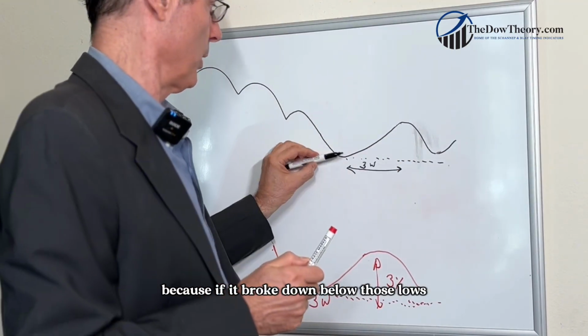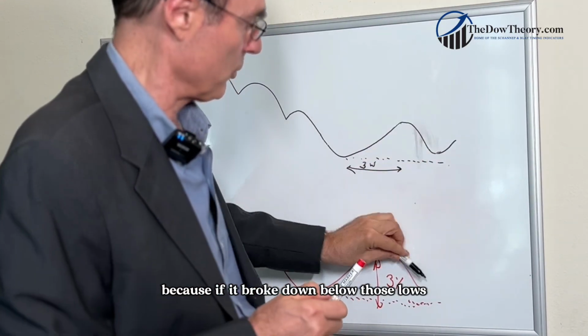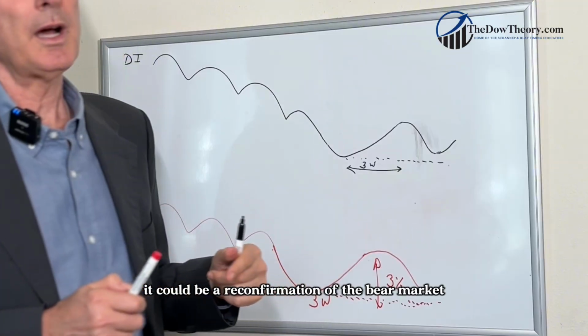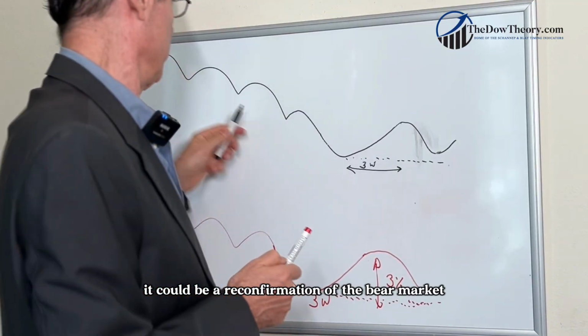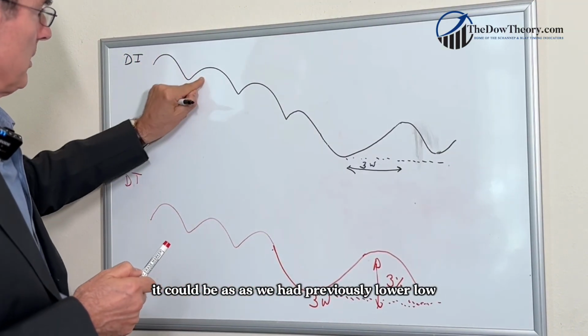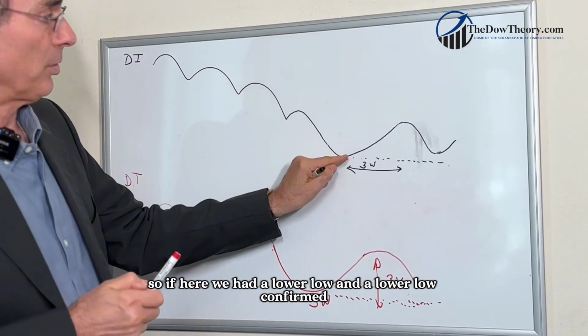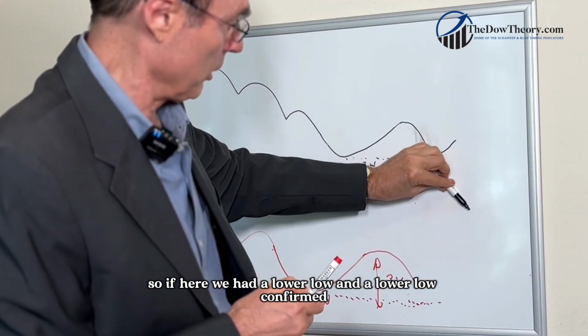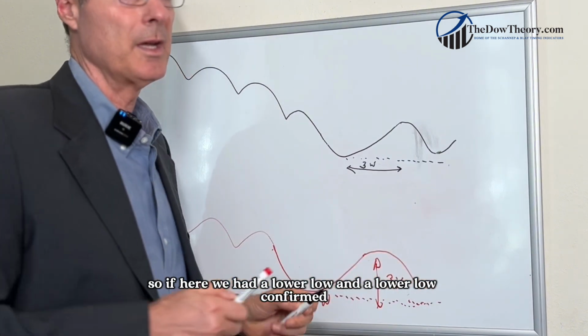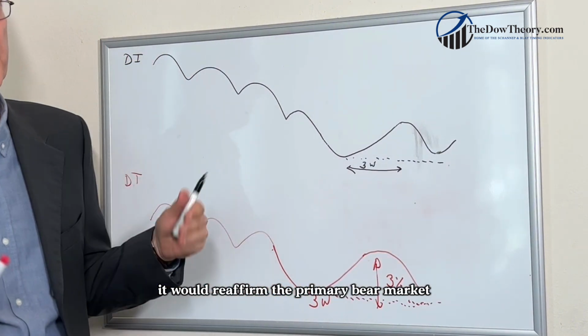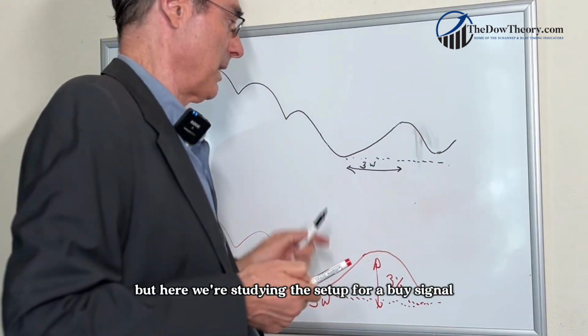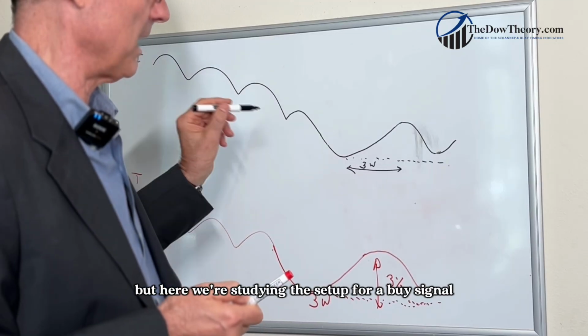Because if it broke down below those lows, it could be a reconfirmation of the bear market. It would be as we had previously, lower low, lower low confirmed. So if here we had a lower low and a lower low confirmed, it would reaffirm the primary bear market, so no buy signal. But here we're studying the setup for a buy signal.